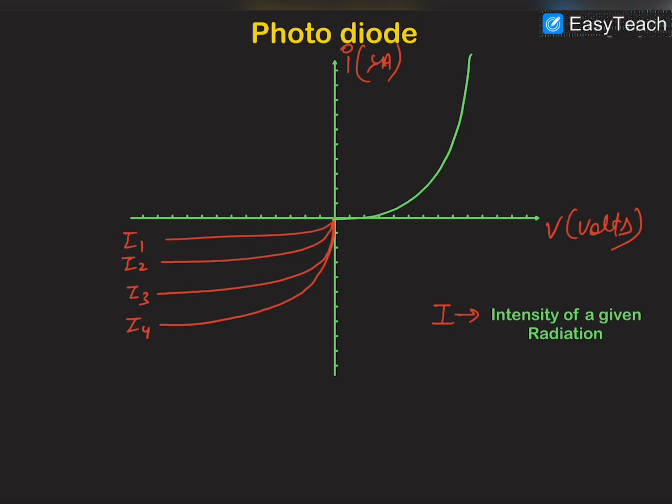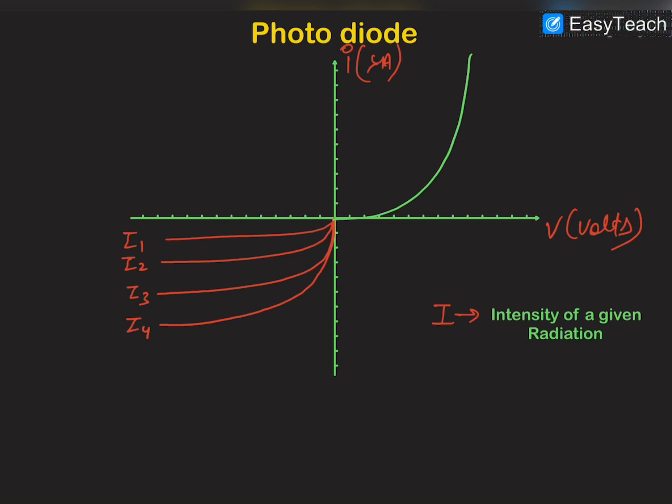But let us assume that on increasing the intensity of light falling on the diode, the current flowing through the diode increases. Now, in forward biasing, due to low resistance, the current is increasing due to two factors. One factor is the change in voltage, and the other factor is the change in intensity of light. We just have to trigger the diode only by changing the intensity of light and not by changing the voltage.